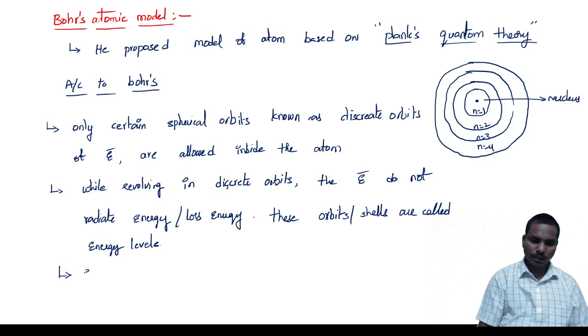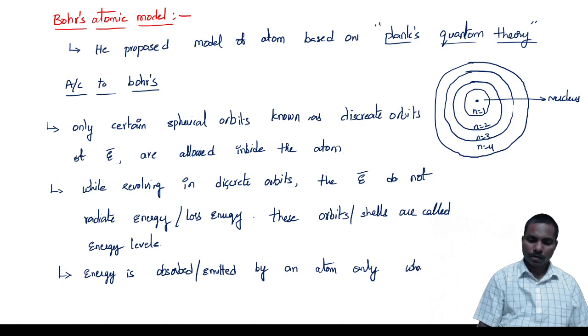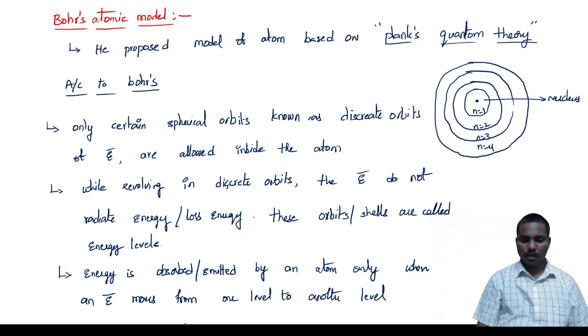Okay, and the next point: energy is absorbed or emitted by an atom only when an electron moves from one level to another level.